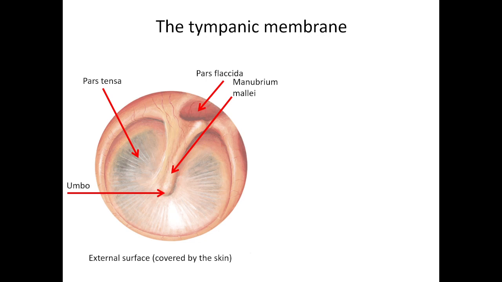And this structure is called umbo, like in the anterior wall of the abdomen. We have an umbo, the same principle. And a very interesting thing, the light cone. Why?